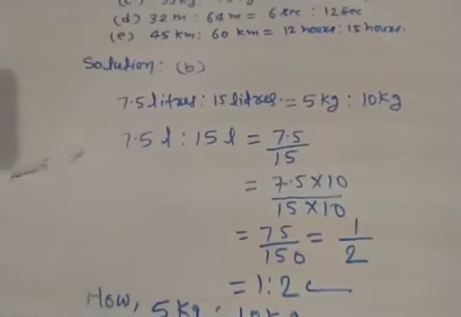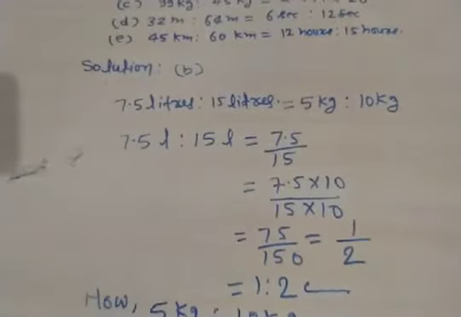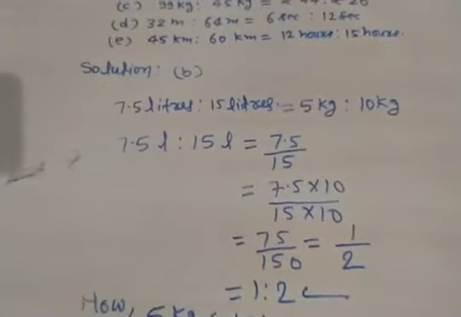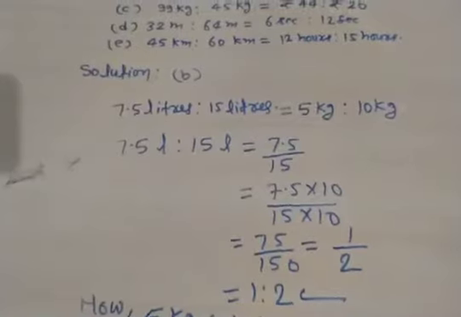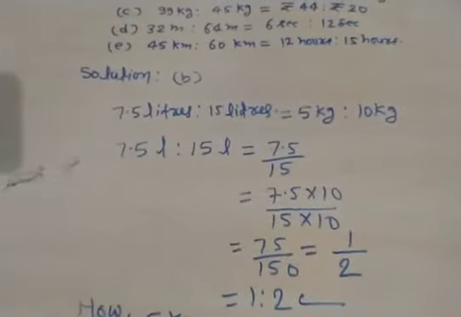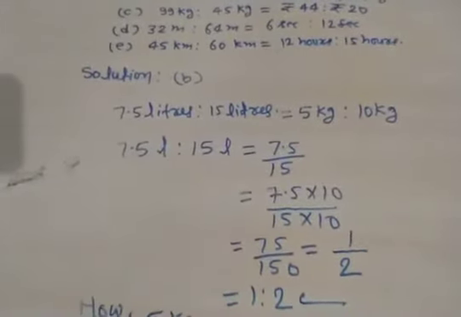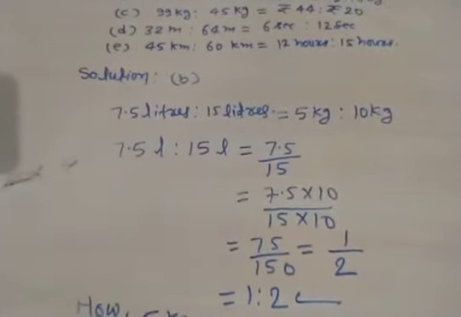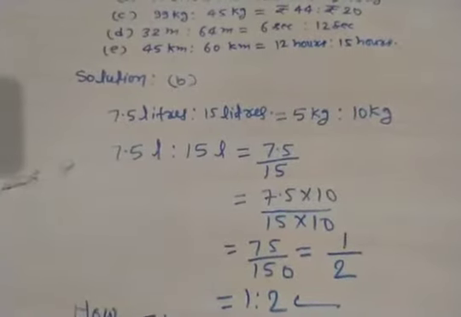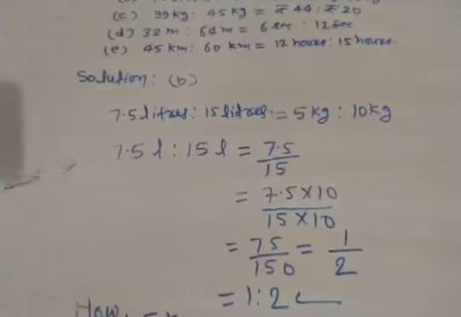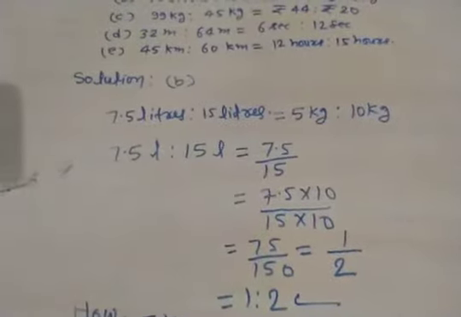So 7.5 by 15, then we multiply numerator and denominator by 10, we obtain 75 by 150. In this way we obtain 1 by 2 or 1 ratio 2.